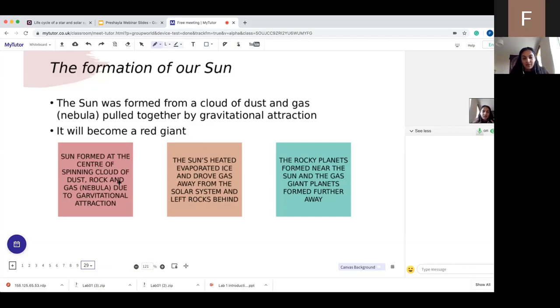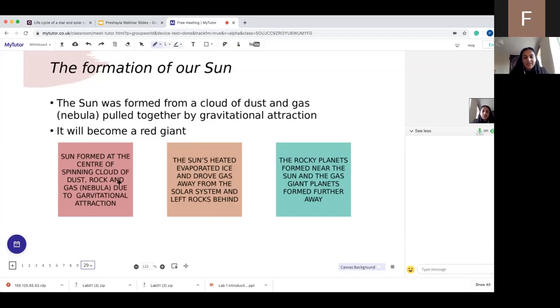Now the sun has obviously a lot of heat, and it starts to evaporate that ice. Okay, so the ice in the nebula, and drive gas away from the solar system but leave the rocks behind. So because it heats up, it evaporates the ice and leaves rocks behind. Now, this is what caused the solar system to come into effect.